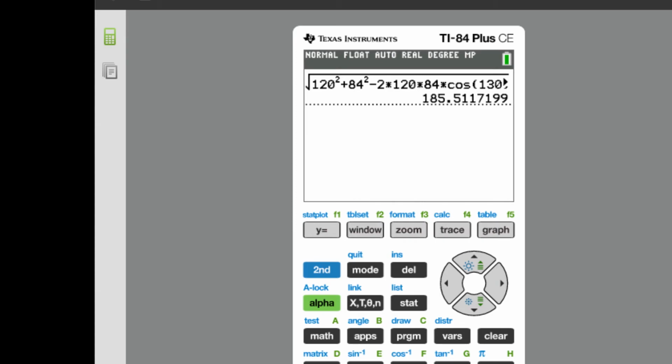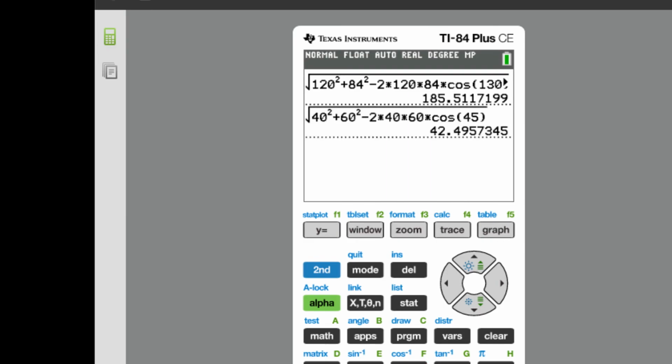Okay, so here we go. Second square root, what do we have here? 40 squared plus 60 squared minus 2 times 40 times 60 times cosine of 45.